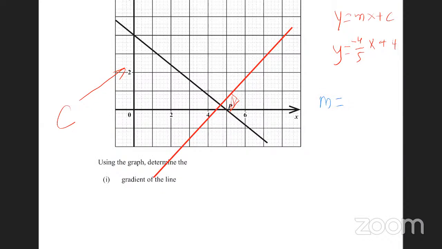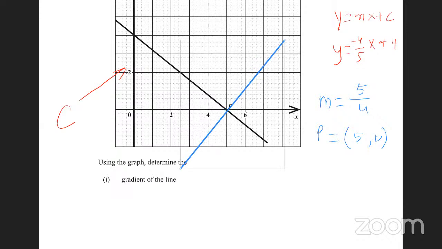Negative reciprocal. So you flip the value over and change the sign and you'll get what? 5 over 4, right? And it's passing through P. P is what? P is 5, 0. Try that. Find the equation of that line quickly, please.